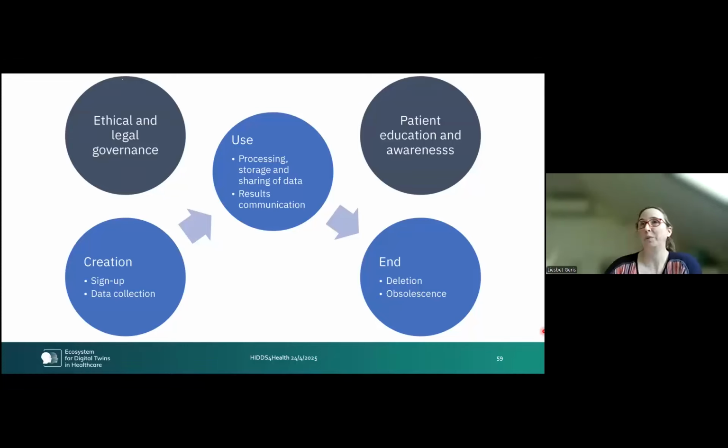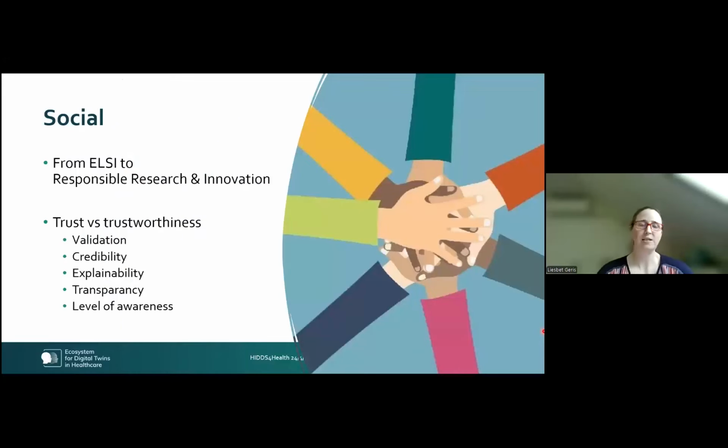Does your tool become obsolete and then people can no longer access it? What happens if a patient dies? Do the data stay there forever, which might potentially have negative consequences for family members that didn't ask for this? So all these questions need to be answered. And what is very important there is patient education, patient awareness, but also education and awareness of all the stakeholders.